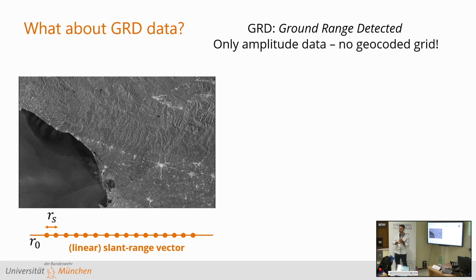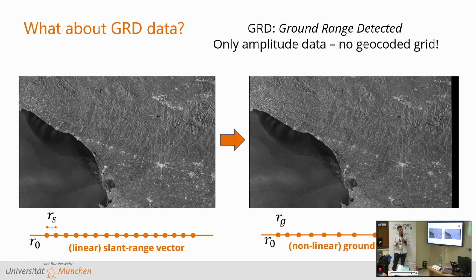And now I'm showing you what the difference is. This is again our image in our slant range azimuth coordinates, and the grid of our image is linear in SAR coordinates. So we have a uniform sampling in the direction the satellite is looking. When we consider a ground range detected product, the only operation applied to this image is that we convert this linear sampling to a non-linear sampling, which depends on the angle we are looking at the scene.